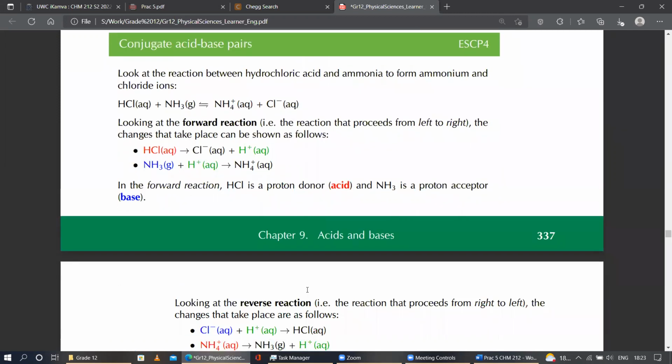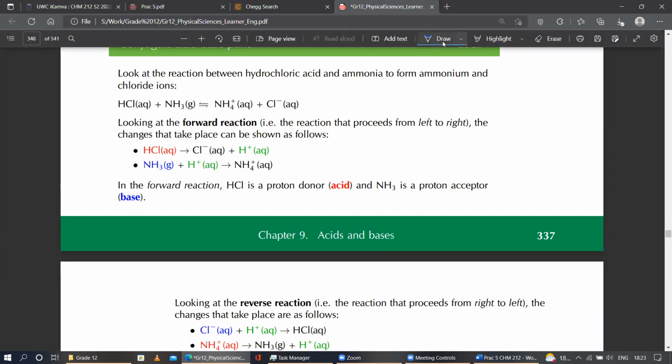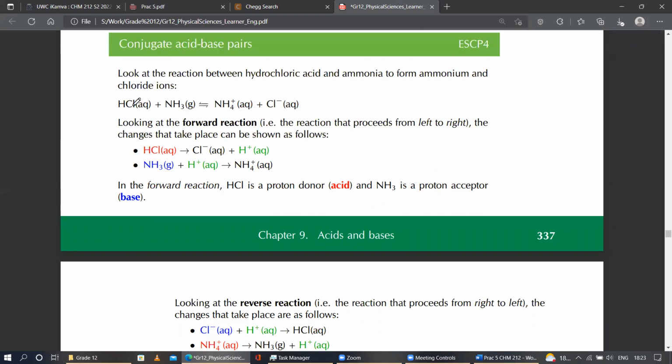So I think this is the part that you might find difficult most of the time, where they're gonna talk about conjugate acid-base pairs. So let me just do this now. So if you look at this, this proton is gonna move to here.